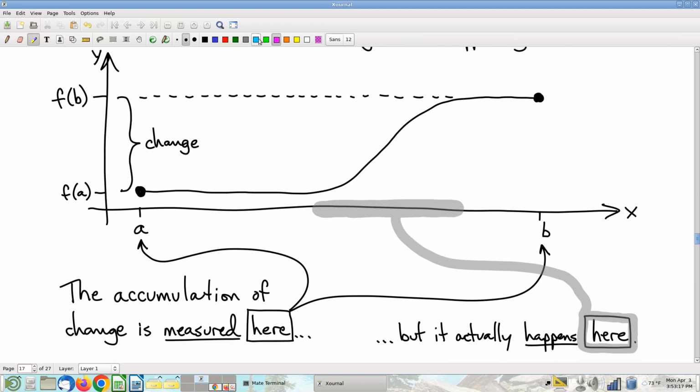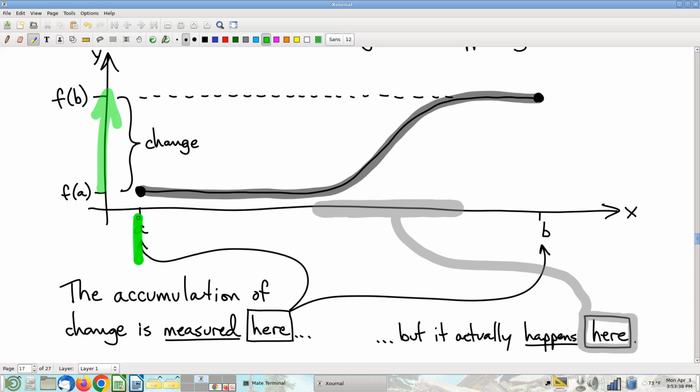So we've got some sort of function here. It's the graph of a function, moving along like that. Where is our accumulating quantity called change? It's that amount. That's how much the function changes between A and B. Where is it computed?